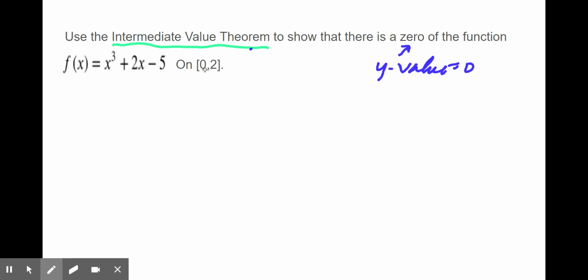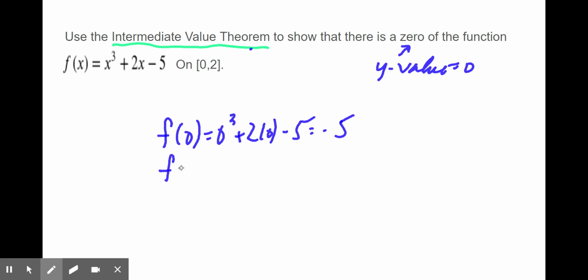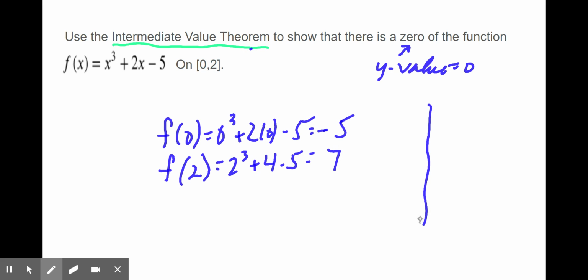You need to figure out what f of 0 is. So f of 0 is 0 cubed plus 2 times 0 minus 5. It's negative 5. And then I need to know what the other endpoint is. So that's 2 cubed plus 4 minus 5, which is going to be 8, 4, 12, 7. Okay, so what do I have if I draw a picture?